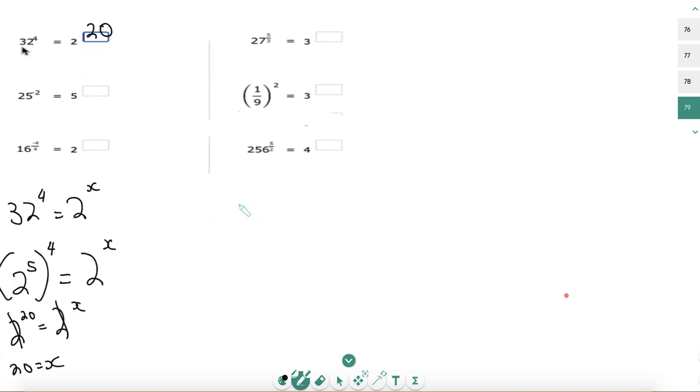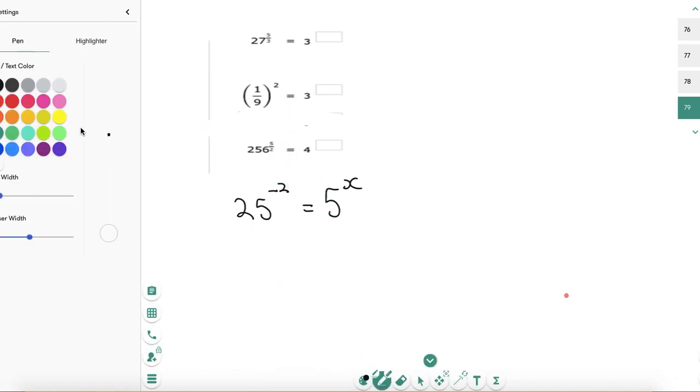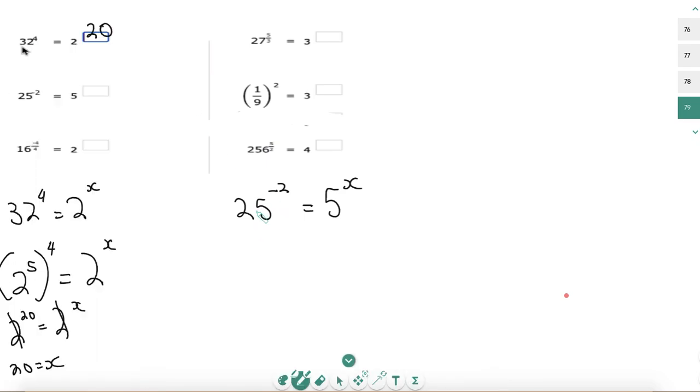Next one, 25 to the power of negative 2 is equal to 5 to the power of x. So bases, they aren't the same. Let's make them the same. Well, the common base is going to be 5 because 5 squared makes 25 and 5 to the power of 1 just makes 5.